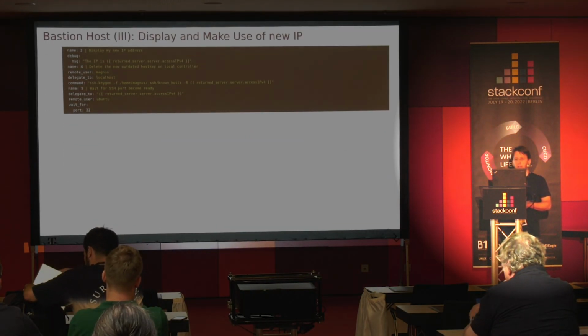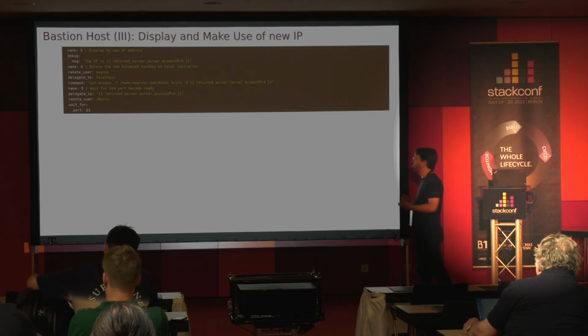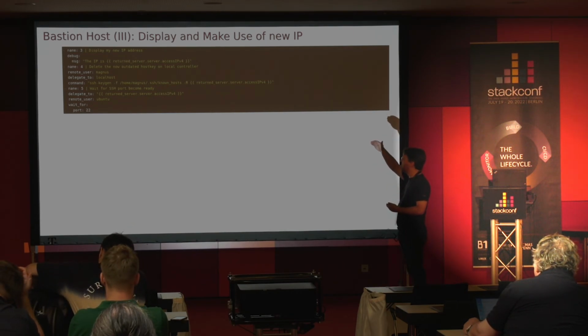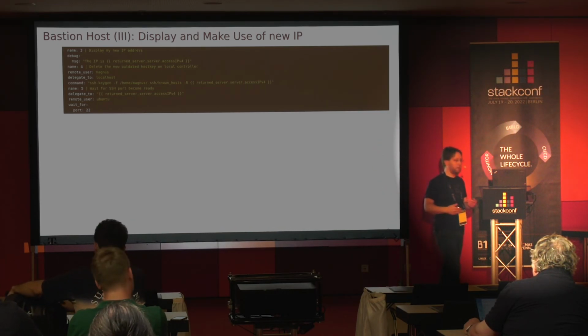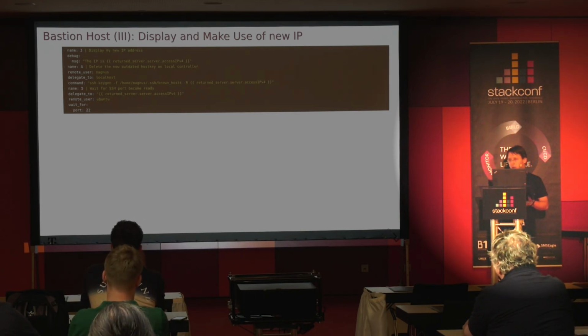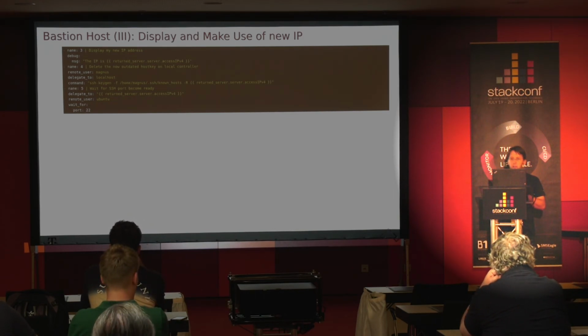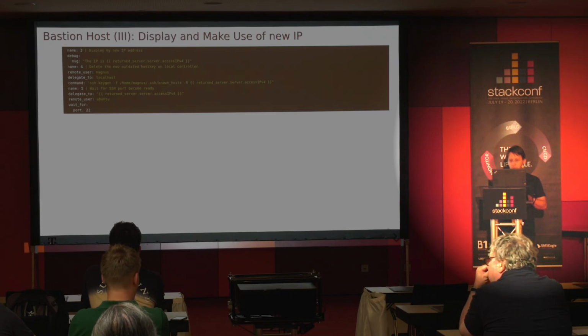So next steps could be to display the IP address of the new server, just as an example, or to take this server and update your local host file, SSH host files. Otherwise, you get one of those nasty warnings.